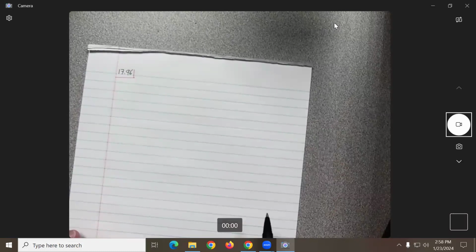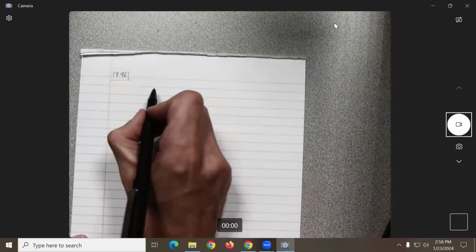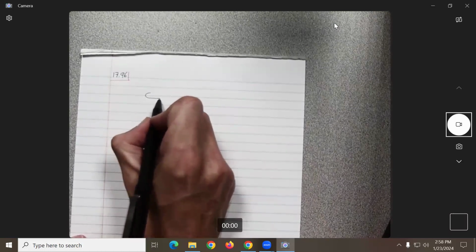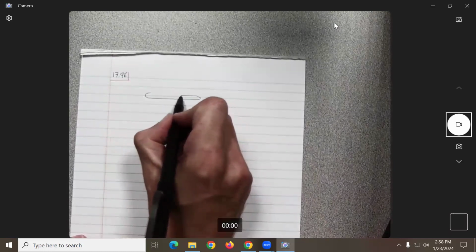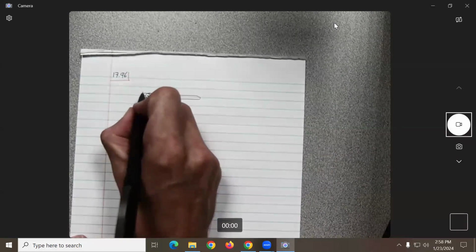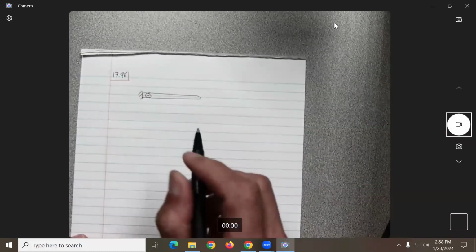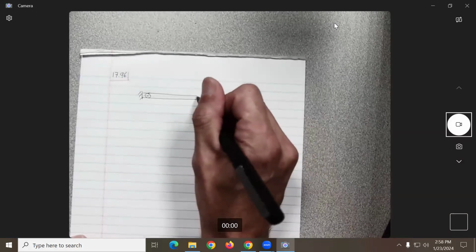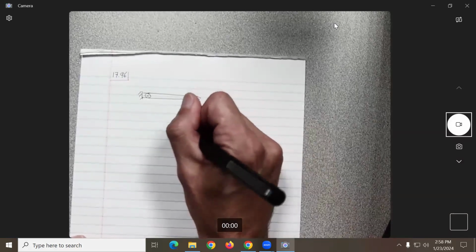Okay, so this problem looks like this. Is that one long? Yeah, it's pretty long. All right, so we have one bar over here that is connected to a bar over here.